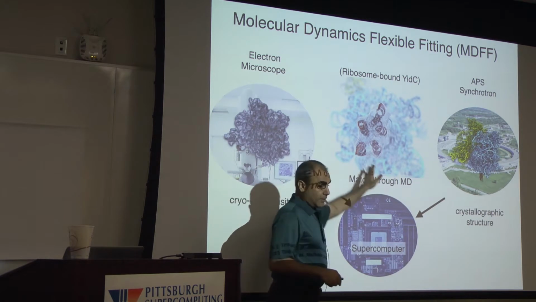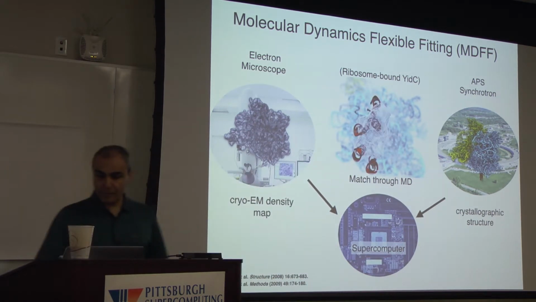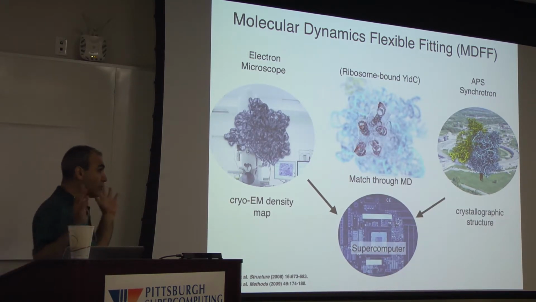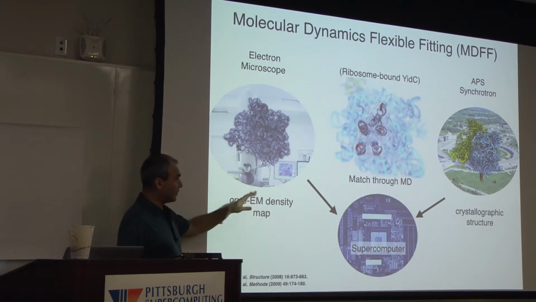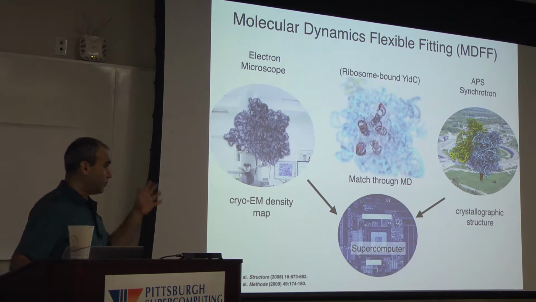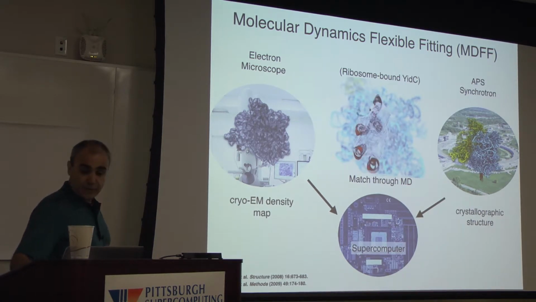So you will see more and more of this in the literature. Electron microscopy has exploded recently, especially since there are new direct electron detectors, and tons of structures are coming out.